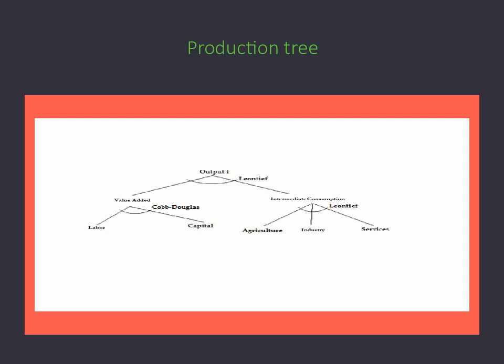Concerning total intermediate consumption, there is also a Leontief relation between total intermediate consumption and the intermediate consumption of a specific good by sector. So when production of good I is increased in volume, the intermediate consumption of each good by sector I is increased in volume proportionally.